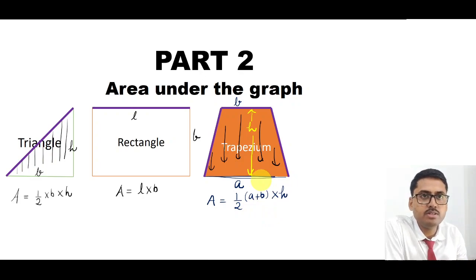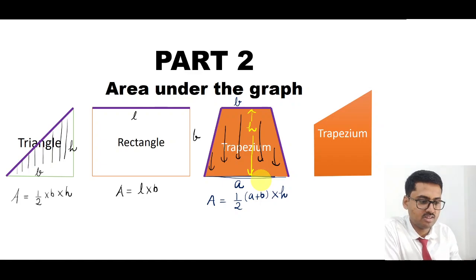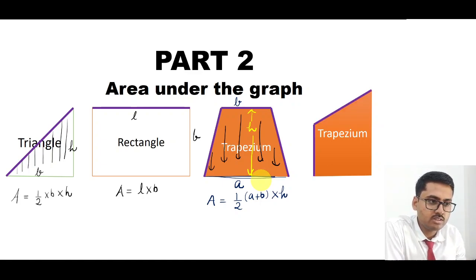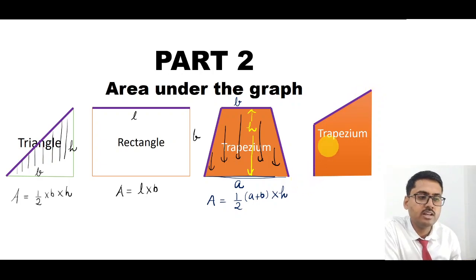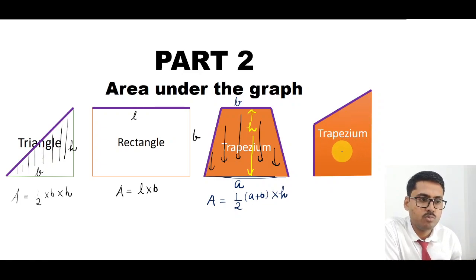Sometimes the trapezium can also look like this, where the graph would actually be like this. From here the graph starts and then goes like this, let's say. Then how do we calculate the area of this trapezium? Well, in this case your parallel sides are this.